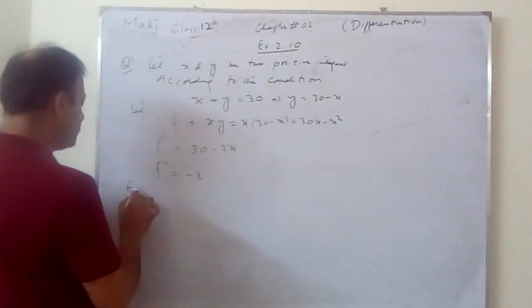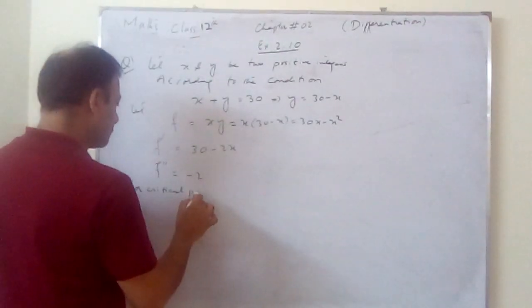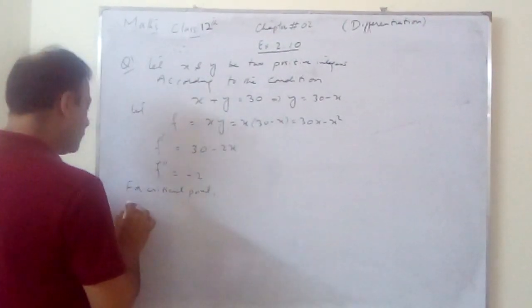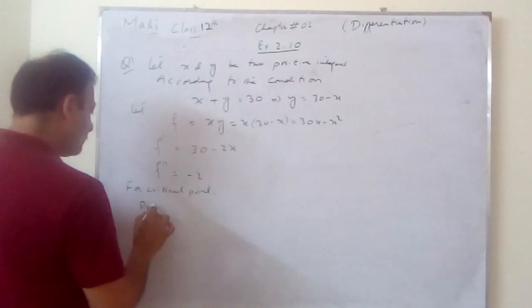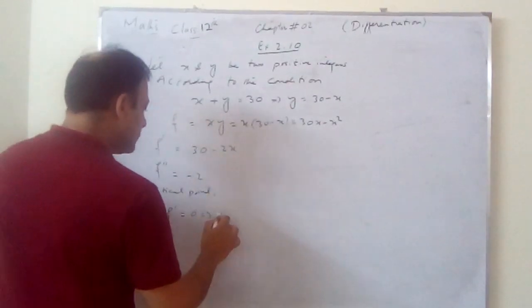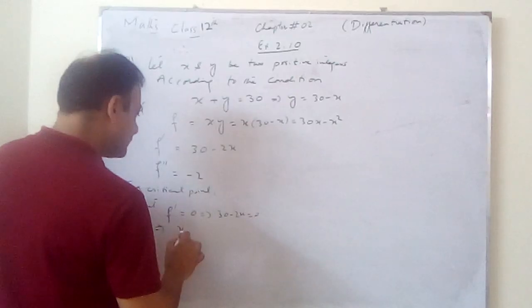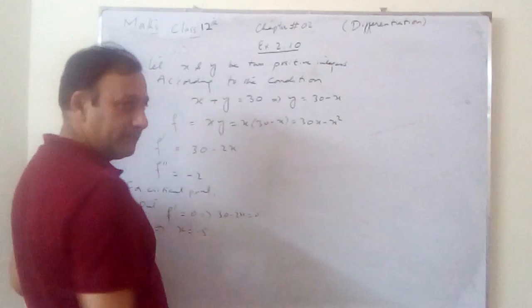For a critical point, we put the first derivative equal to 0, that is 30 minus 2x is equal to 0. This implies that x is equal to 15.